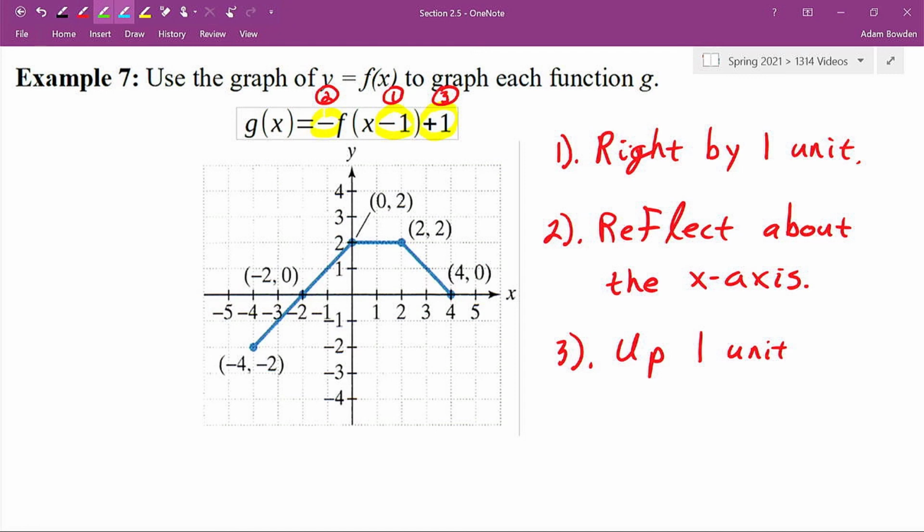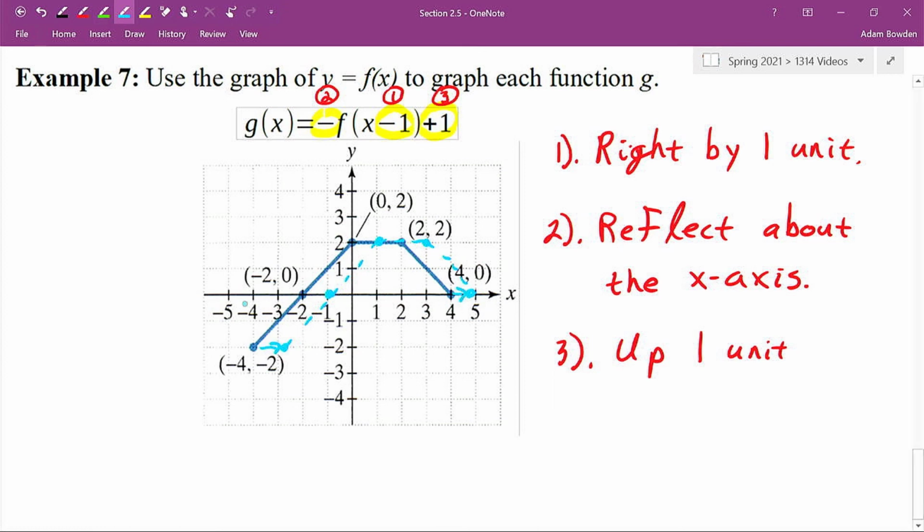So let's go through the steps one by one. We'll move it over to the right. We have the points, so we can move all the points over to the right by 1 unit. Then what we can do from here is do the reflection.